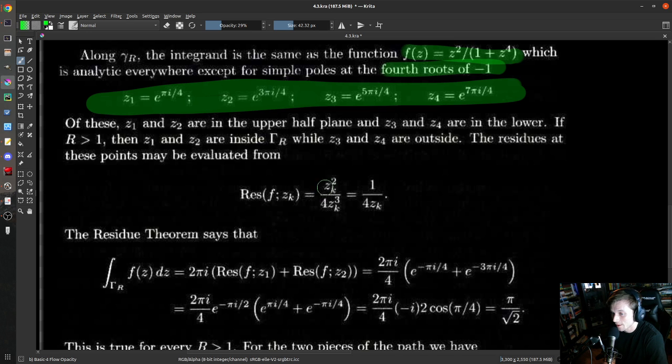Just plug in zk, so I get zk squared divided by 4 zk to the third, where zk is the kth root of -1, just like we wrote out up here. Taking the squared on top and the third on the bottom, that's 1 over 4 zk. That's a great formula for the residue, super convenient to work with.